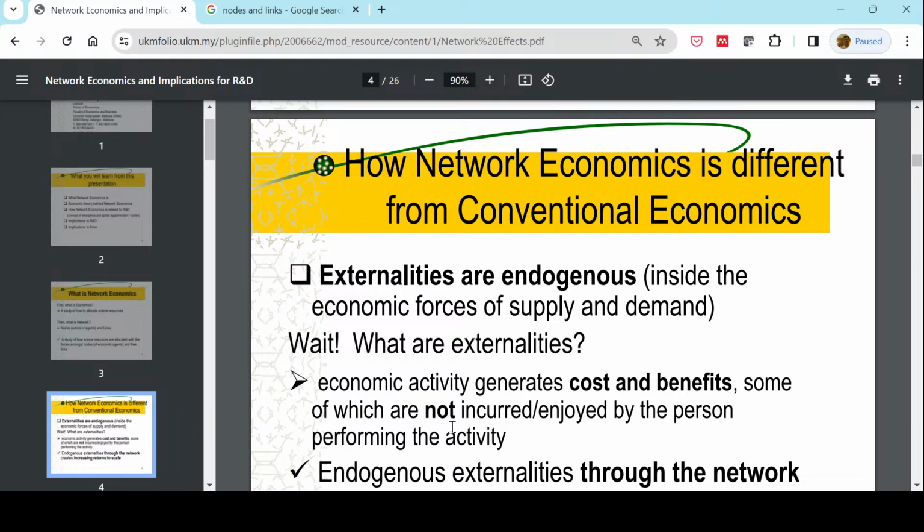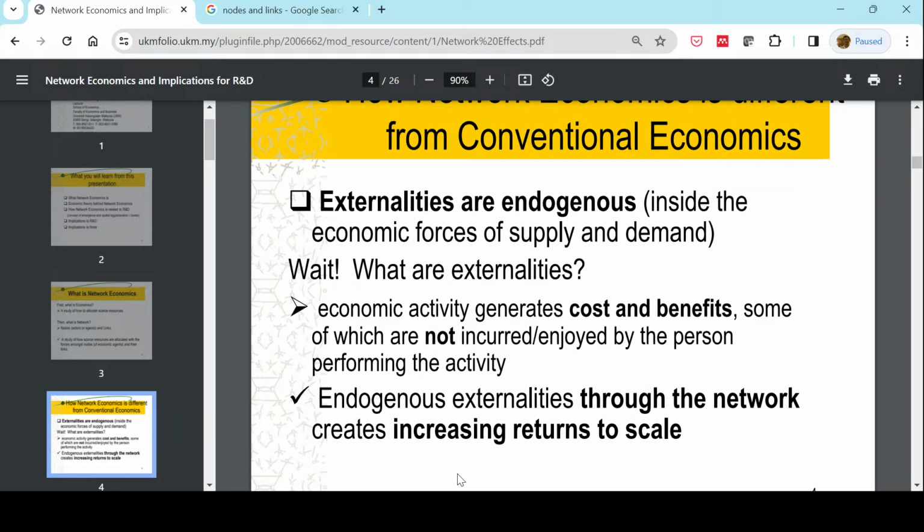Externalities are endogenous, which is inside the economic forces of supply and demand. What are externalities? Economic activity generates costs and or benefits.